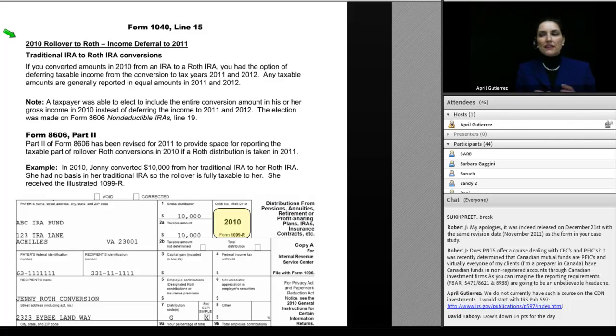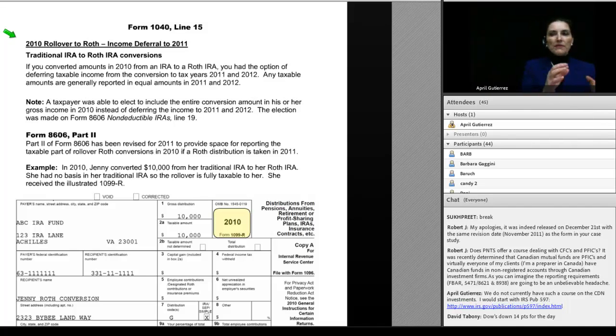So what that means is that in 2010, for example, you could have a taxpayer who took $10,000 from their traditional IRA, and assuming they had no basis in that IRA, they should have reported $10,000 as income on their 2010 return. Even though it was rolled over into the Roth, Roth contributions are always after tax.